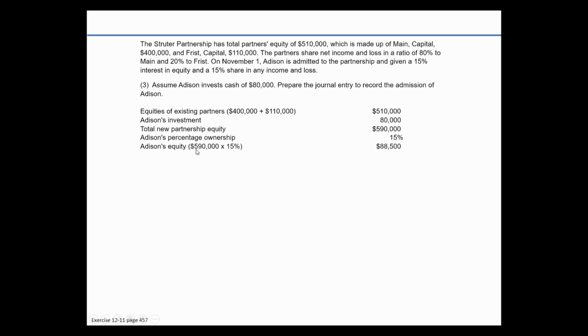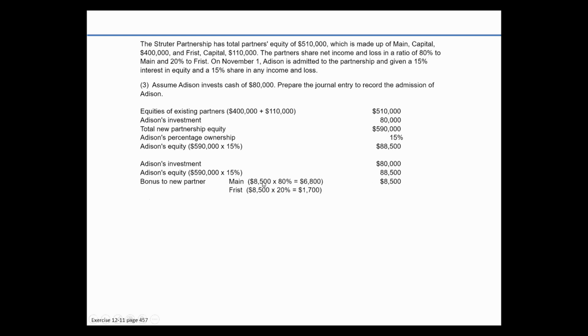So the total equity, 590,000, multiplied by the 15% that would be Addison is 88,500. And again, we see that Addison's investment is 80,000. Her equity would be 88,500. So the old partners would have to pay her a bonus in the amount of $8,500.